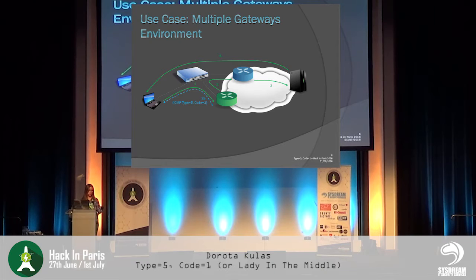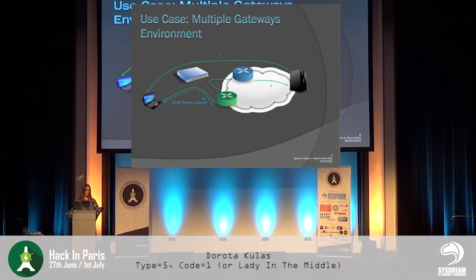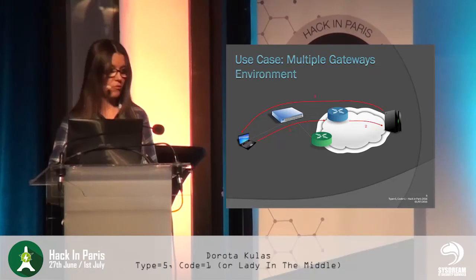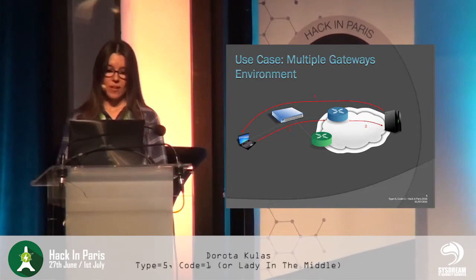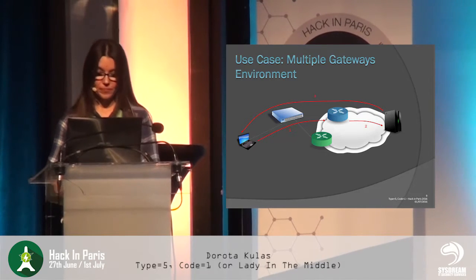The packets should go to the black server, and it sees that to route this packet properly, it has to go through this blue router. So it sends the packets to the blue router, but at the same time, the green router sends an ICMP redirect message to the host, so that the host knows it can skip the green router altogether because it's not needed. It can send the message directly to the blue router. So the communication from now on looks like this. That's what this ICMP redirect packet does.